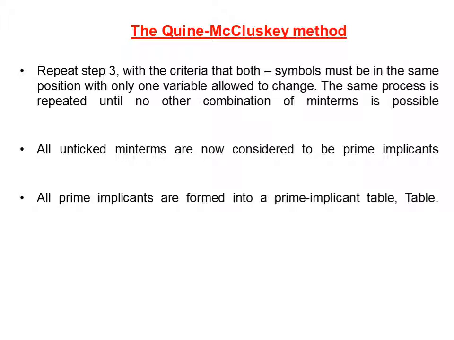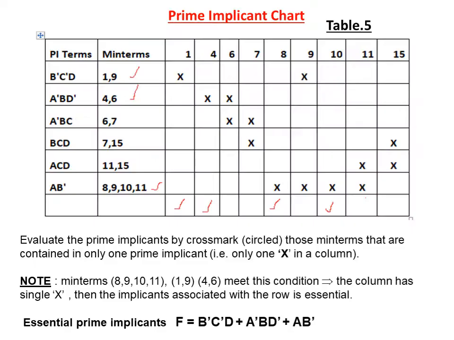Now let's see how we are going to make the prime implicant chart. This is the prime implicant chart. The PI terms, that is prime implicant terms, are represented in the column, and all our minterms are represented in the rows. Here all our minterms 1, 4, 6, 7, 8, 9, 10, 11, 15 are written.